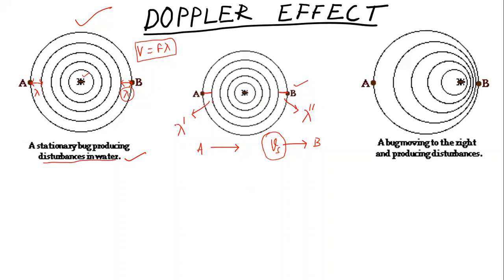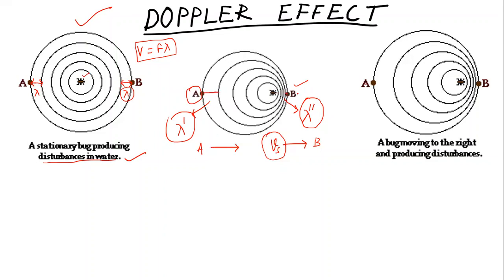We need to find the change in lambda dash and lambda double dash to see what the change in frequency is, for the observer from whom the source is going away, and for the observer B, towards whom the source is approaching.